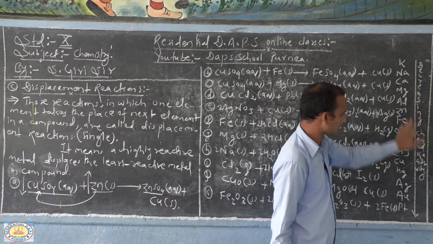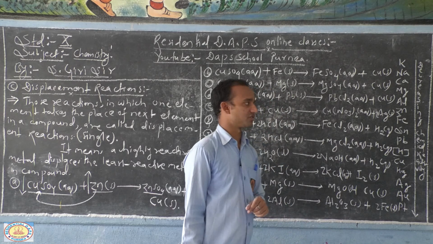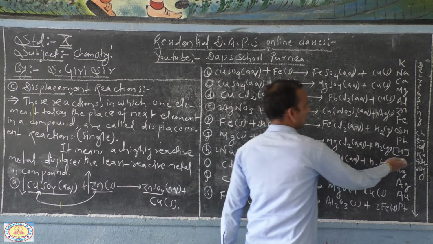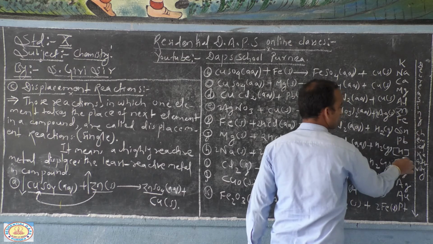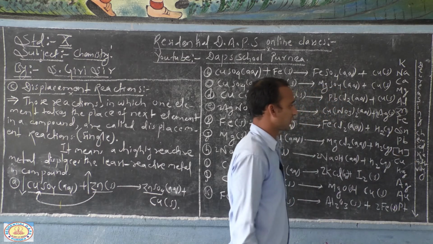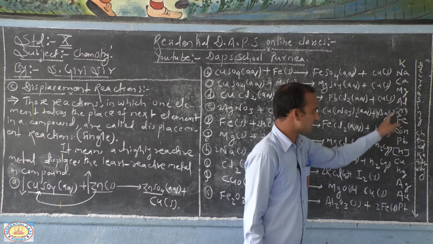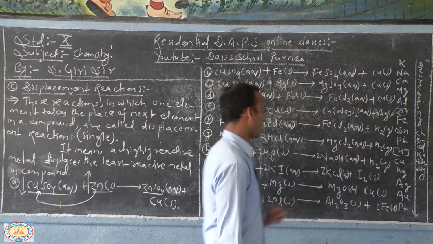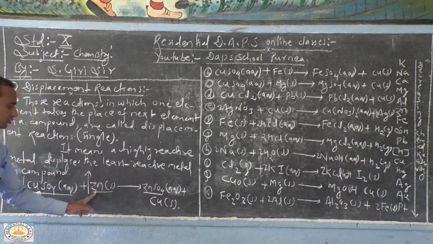So this is the order. When you go down, chemical reactivity decreases, and here you can see zinc is here and copper is here. It means copper is less reactive than zinc. So zinc is able to displace the copper from copper sulfate solution, right? So you have to take one reactive metal to displace the less reactive metal in a compound.